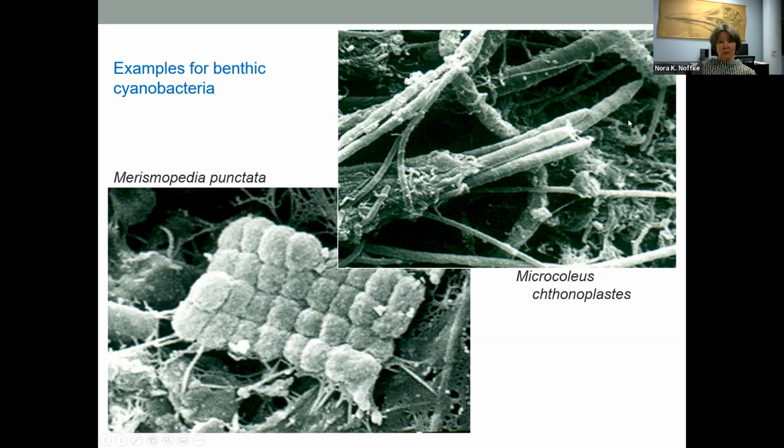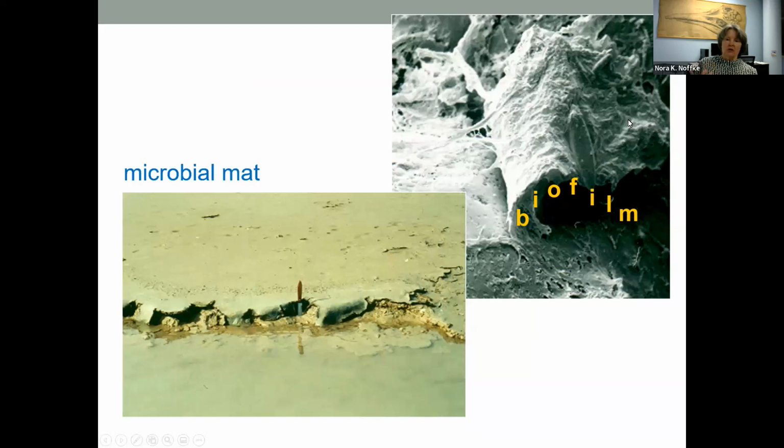So when such microorganisms initially start to colonize a freshly deposited sediment, they form so-called biofilms around each individual grain. So here you see the surface of a quartz grain, and this quartz grain is completely enveloped by this organic film. Biofilms are composed of the single cells themselves plus their EPS.